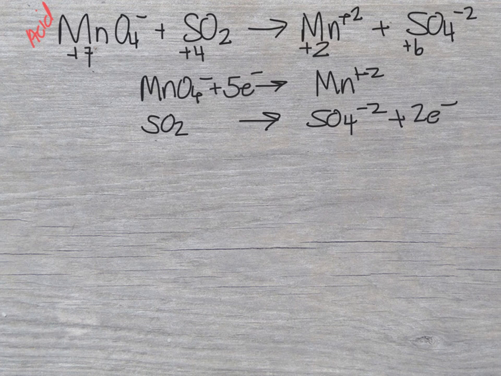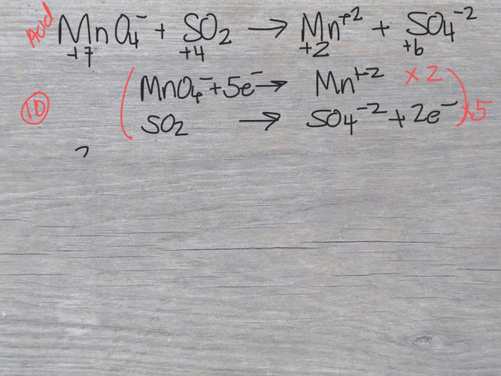So you can see here that we have a transfer of 5 electrons on one side and 2 electrons on the other side. So we need to make this so that it's 10 overall. So up here on the first line, we're going to multiply by 2, and on the second line, we're going to multiply by 5, which means we have our 10 electrons overall. Okay, so when I rewrite this, I'm going to go back to the black because I think it's easier to see.